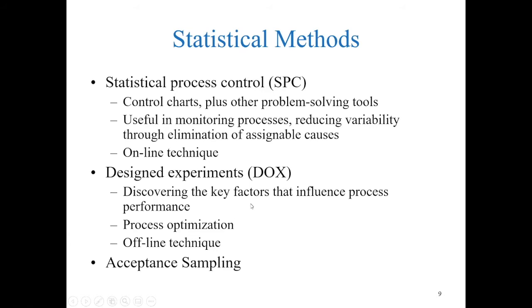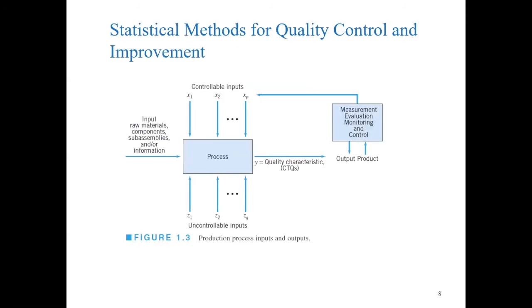Design of experiments tries to consider the key factors that influence the performance of the process. Basically, it tries to relate these Y outputs to the inputs and the raw materials and all the other inputs of the process, whether they are controllable or uncontrollable.